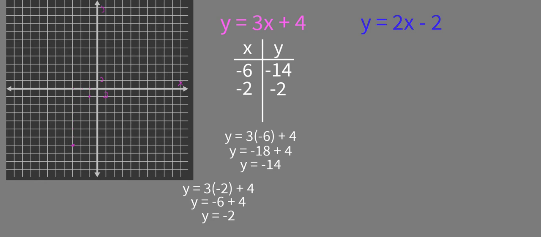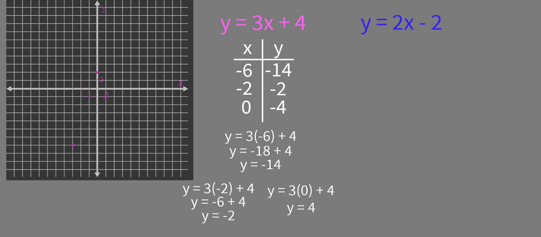And then we'll find the y-intercept as well. Let x equal 0, so y equals 3 times 0 plus 4, which equals 4. So we have a point at (0, 4).